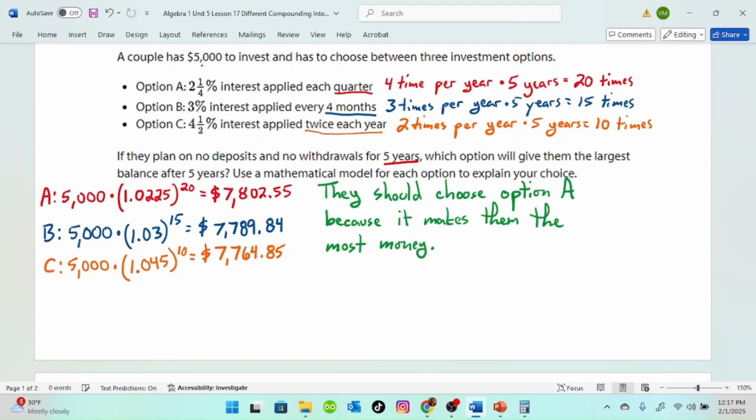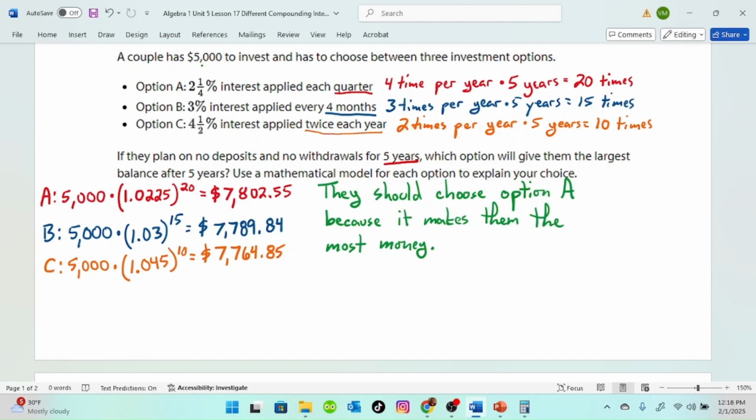And this is a real-world example of why understanding math is so important. If you just looked at the interest rate, then you would not make as much money as someone else.